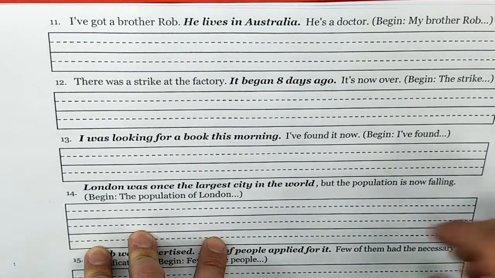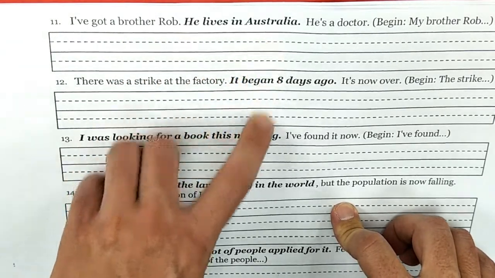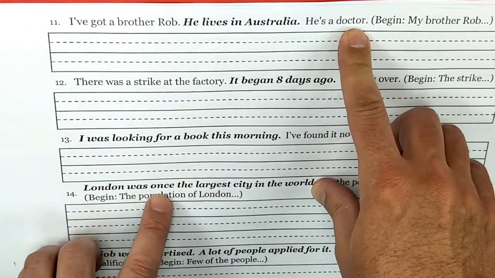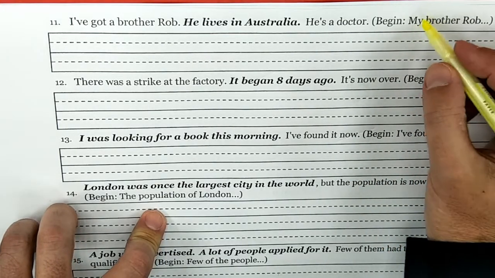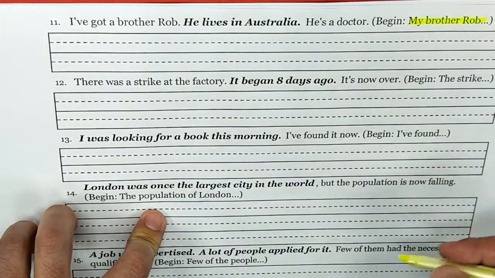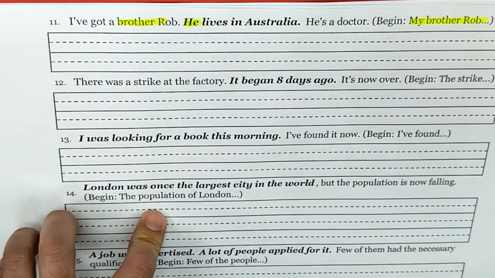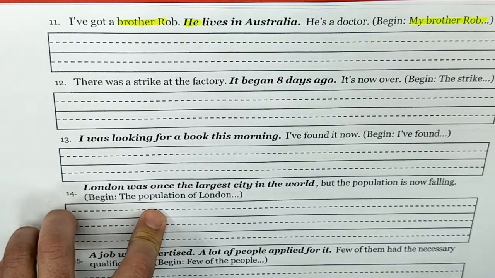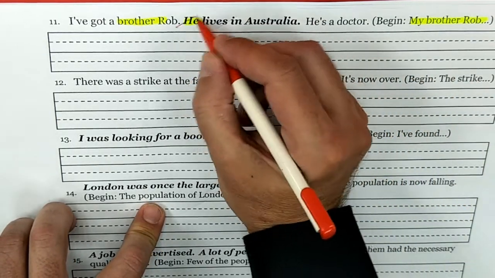Okay, let's do number 11. I've got a brother Rob. He lives in Australia. He's a doctor. Begin, my brother Rob. So we're going to write down my brother Rob as the subject. Here we have brother Rob and he, okay? And we're going to get rid of this he.